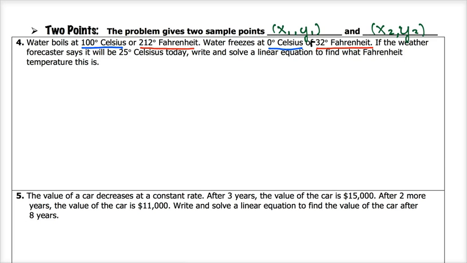So one ordered pair, I could say, is the ordered pair 100, 212, which is just representing the boiling point of water on 2 different temperature scales. And then I could say my other ordered pair is 0, 32, which is the freezing point of water on 2 temperature scales.